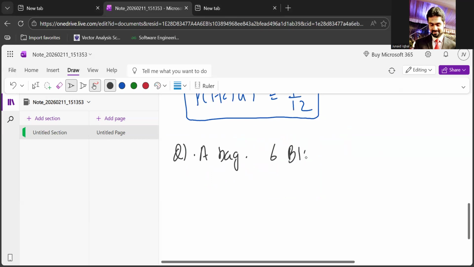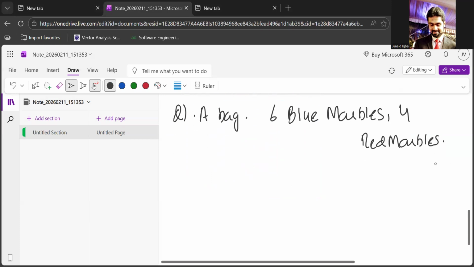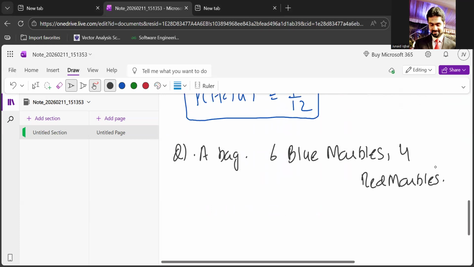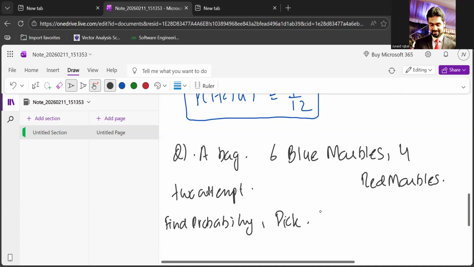And you have 2 attempts. So in the first attempt you have to find the probability that you pick 2 blue marbles.